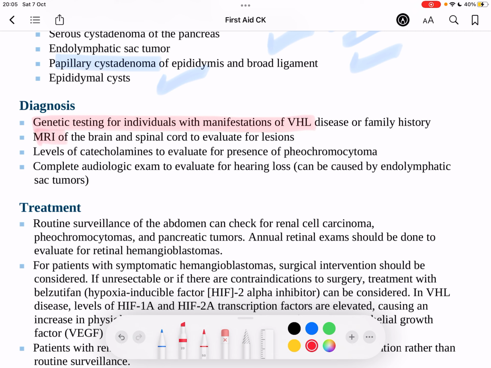Why? Because of the hemangioblastomas, okay? We want to take catecholamines. Why? Because of the pheochromocytoma. And then we also want to do an audiologic exam to check for endolymphatic tumours, which are usually seen in the inner ear. But again, if you know the signs and symptoms, it's easy to know what tests you're going to do.